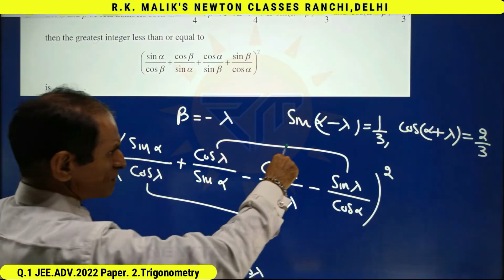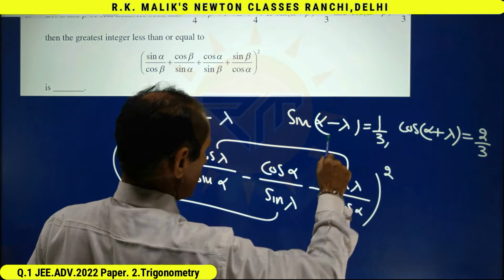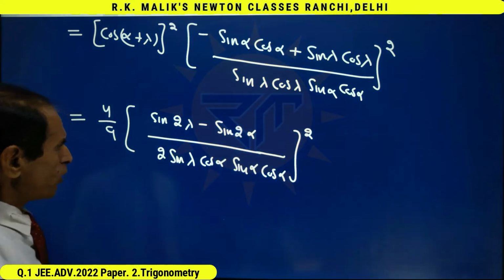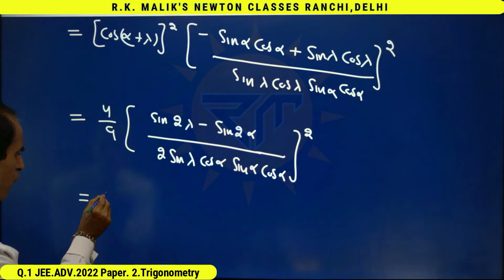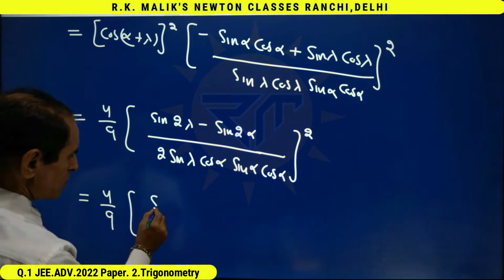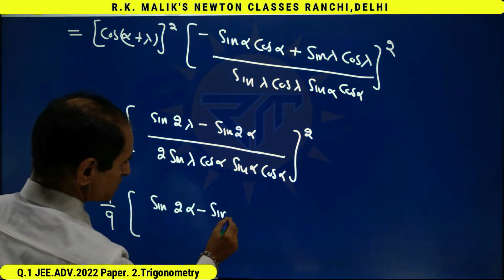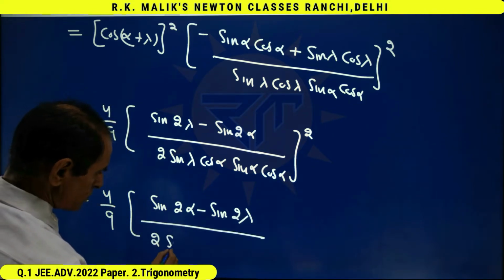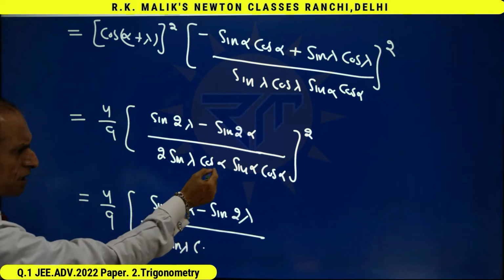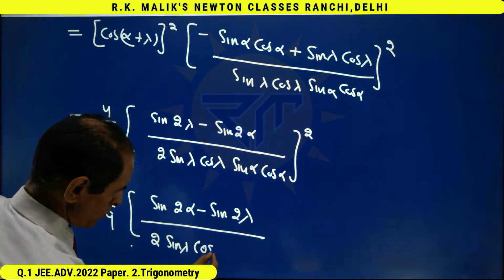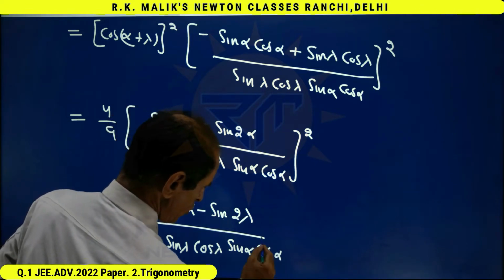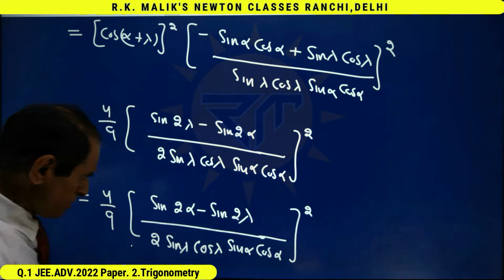Four by 9. Keeping these two in mind, where alpha is first and lambda is afterwards, it will be preferable to write sin 2 alpha minus sin 2 lambda, because a square is there, no problem in writing it. I get 4 by 9 into sin 2 alpha minus sin 2 lambda upon 2 sin lambda cos lambda sin alpha cos alpha whole square.